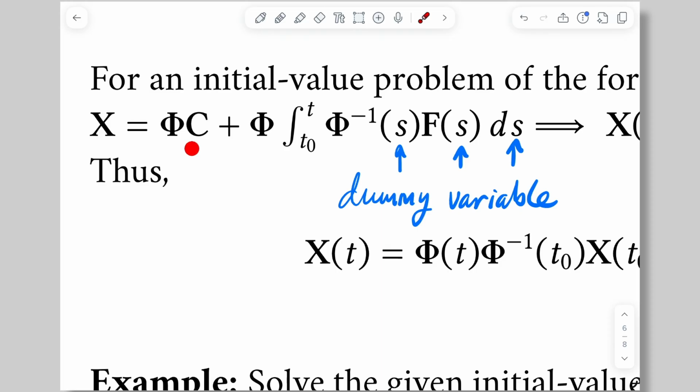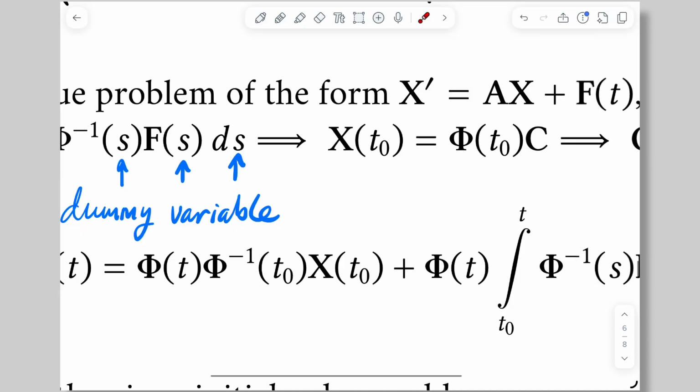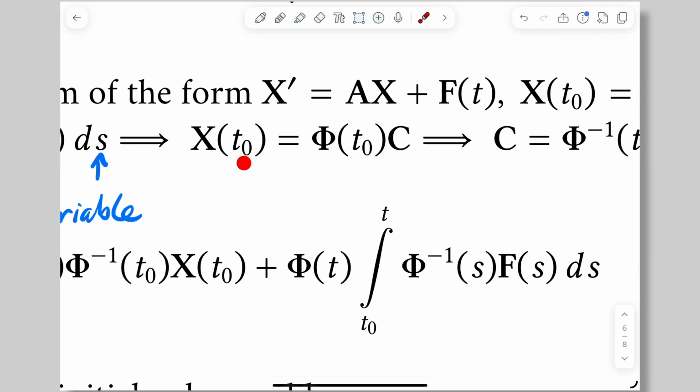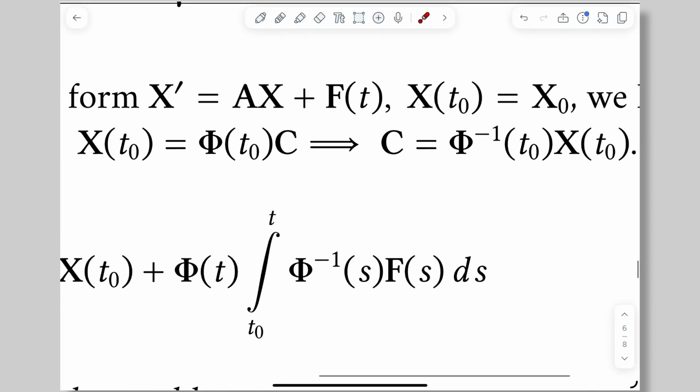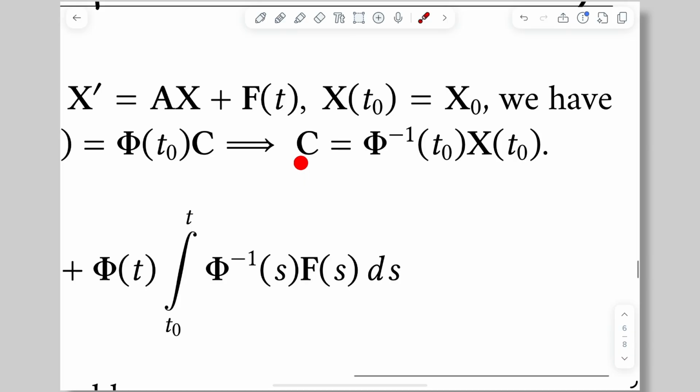In an initial value problem, that c is what we're looking for. So x of t naught is equal to phi at t naught times c, the column vector of constants. Multiplying both sides of the equation on the left by phi inverse of t naught gives us exactly what those constants are. c is equal to phi inverse of t naught times x at t naught.